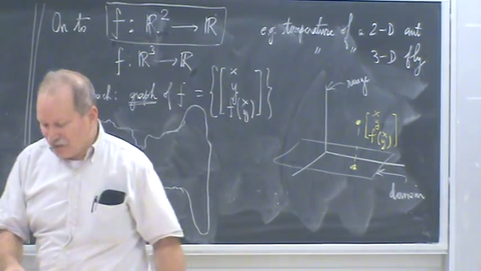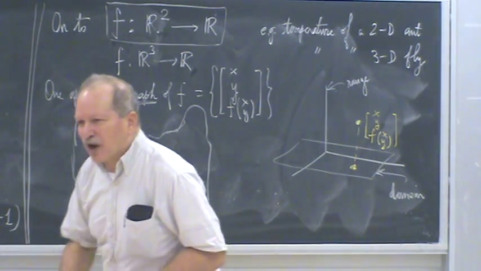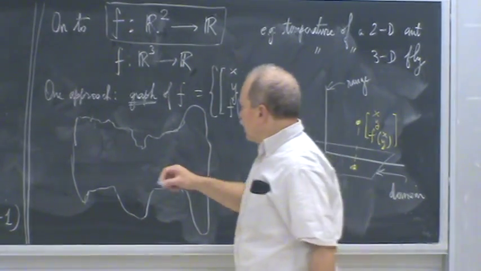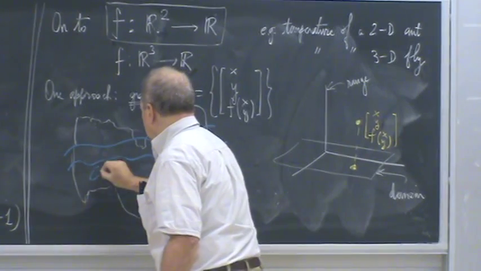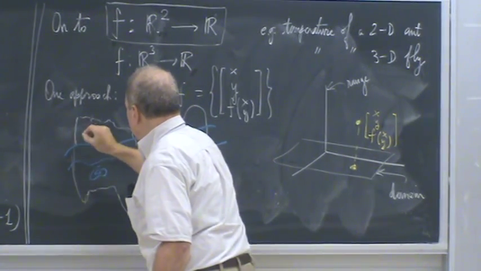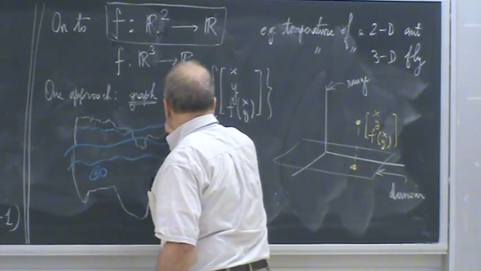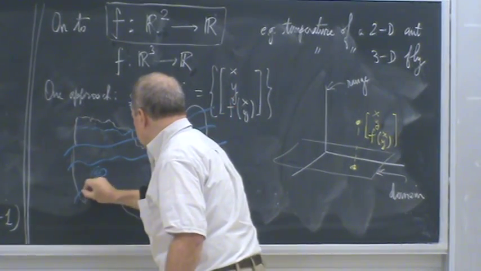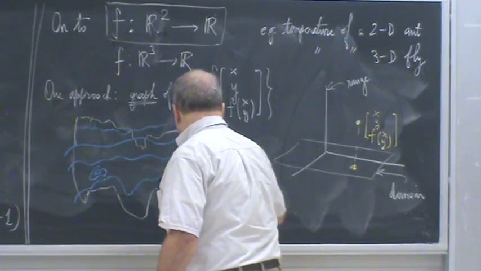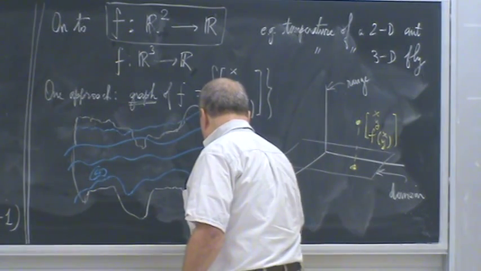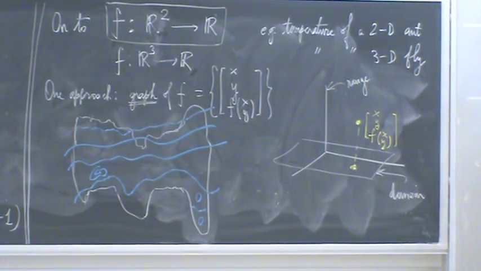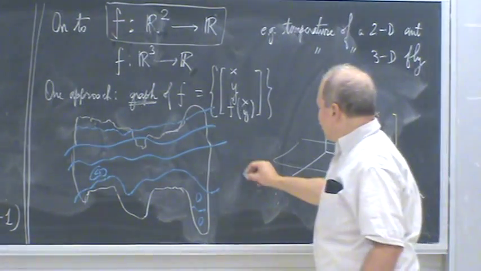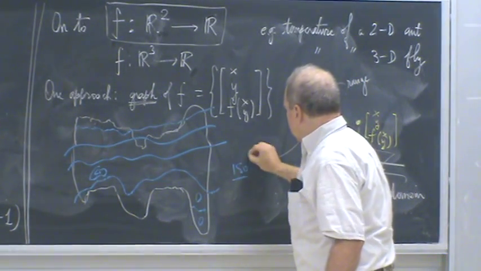If you look at a map of the US, say, what you see if you look at a weather map is they've drawn things that look like this. What do those represent? Isotherms.